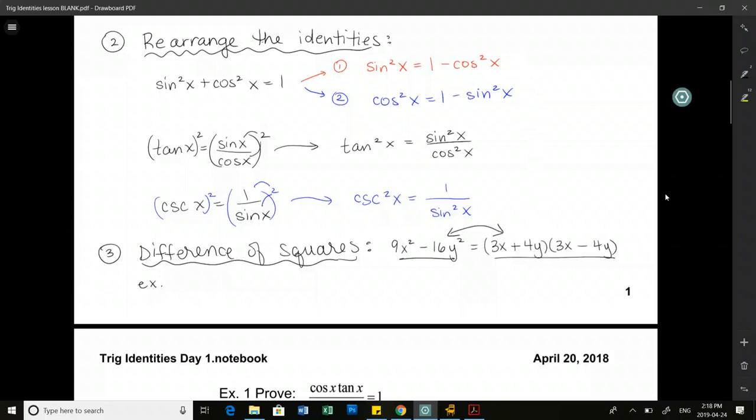If you notice something like 1 minus sine squared x, can somebody tell me how we could factor this? We take the square root of the first, which is 1, have a plus and a minus, and the square root of sine squared is just sine x. So this factors into 1 plus sine x, 1 minus sine x. This technique can be helpful as well.